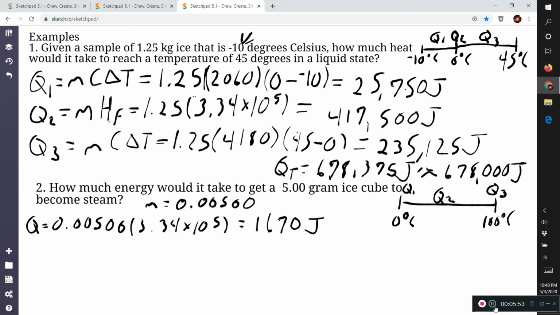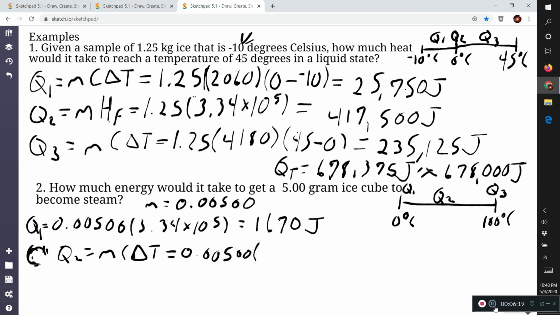Okay. Now we're going to turn to this formula. Don't know why that's not working right. So this is Q2, where we do the mass times the specific heat times delta T. So our mass is still 0.00500.